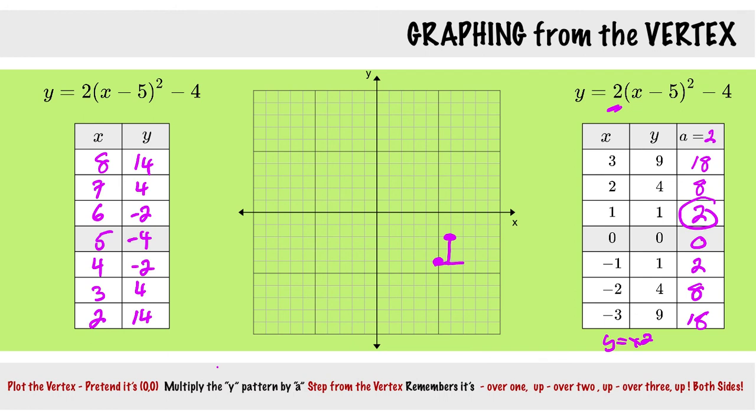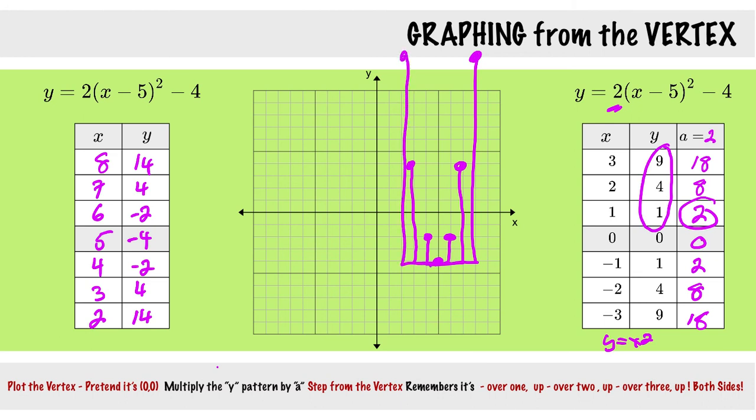To the right 2, up 8. To the right 3, up 18. So instead of using 1, 3, 5, you're using 1, 4, 9. And instead of going from step to step, you are going from the vertex each and every time. And as you can see, it's exactly the same parabola.